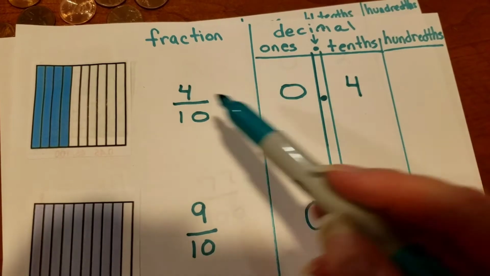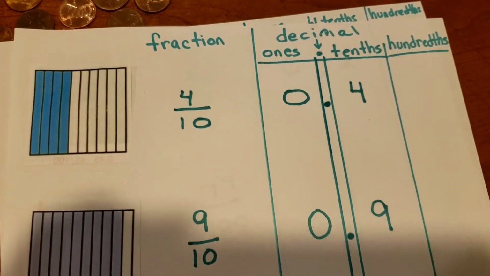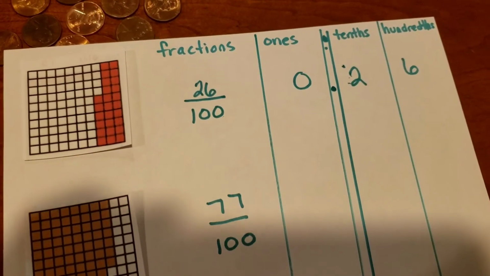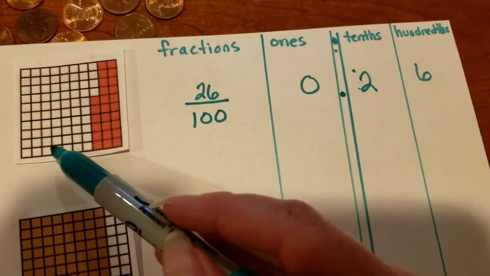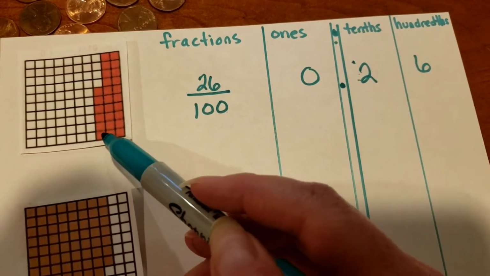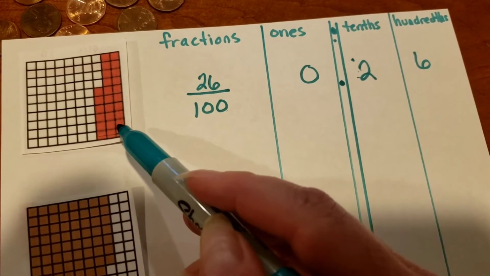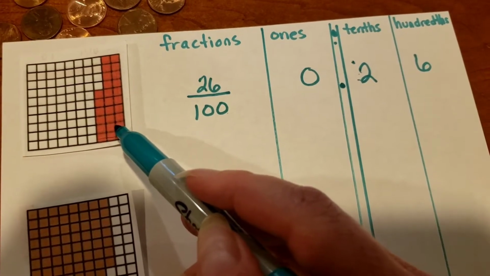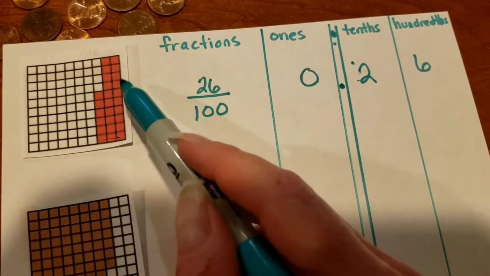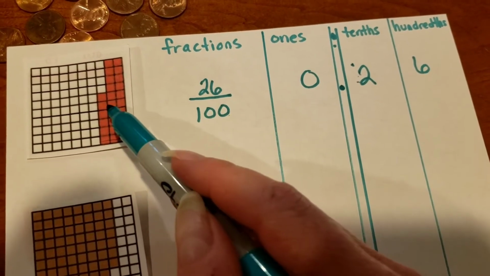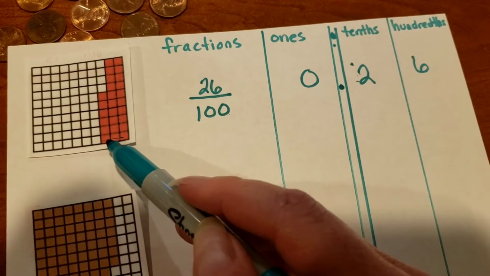Now in these examples we had a whole broken up into 10 equal parts, but sometimes the parts can be broken up into even smaller pieces. In this case, we have 10 groups of 10 to make 100 little squares. When I counted the squares, I have 2 full rows of 10 plus 6 more squares shaded in.